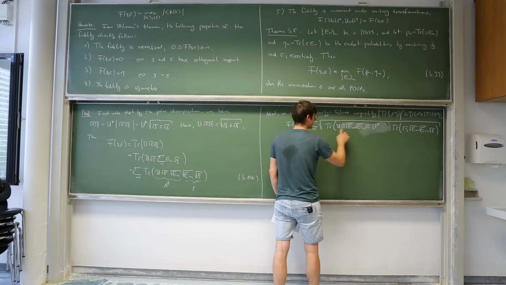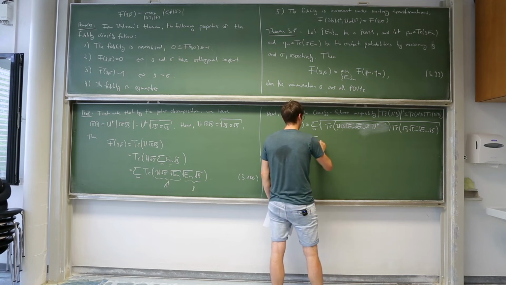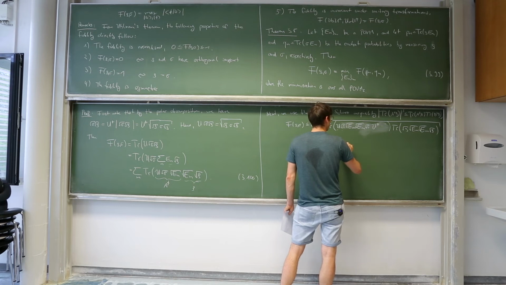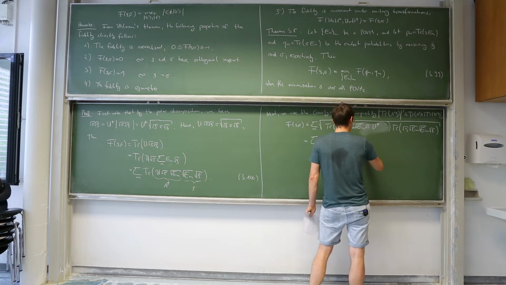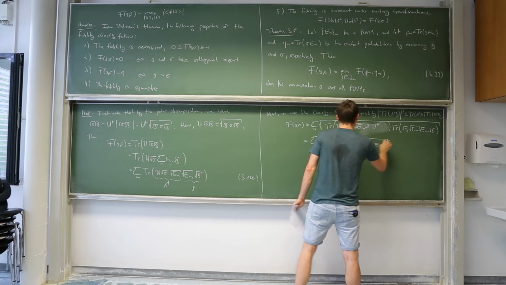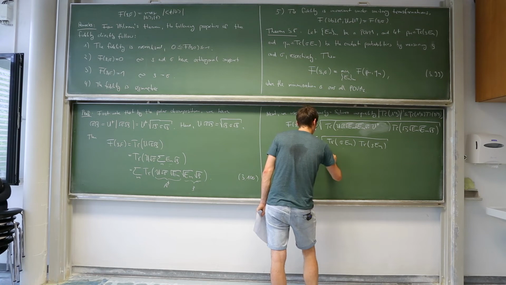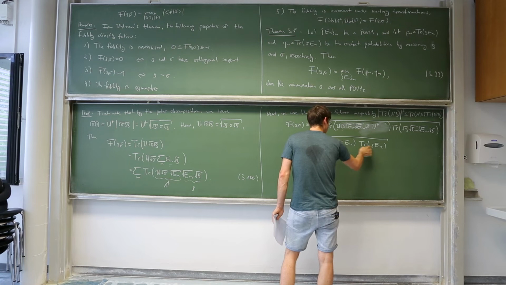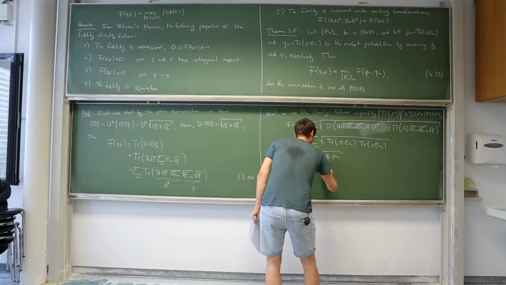We use the cyclic property, then U dagger U is the identity, meaning this gives us the trace of sigma E_m, and this here gives the trace of rho E_m. Okay, so this was the definition of this factor Q_m, and this is P_m, which is our classical fidelity.